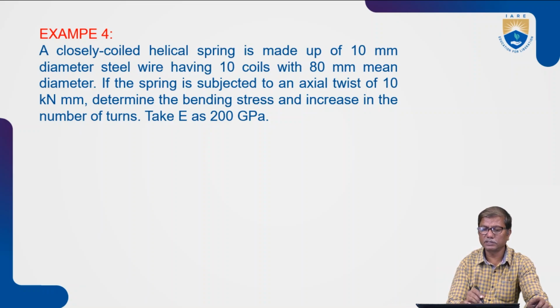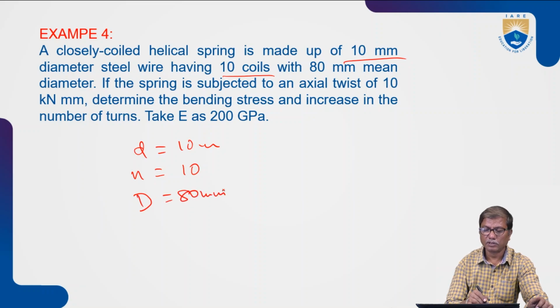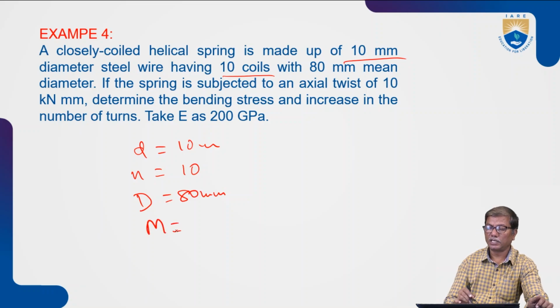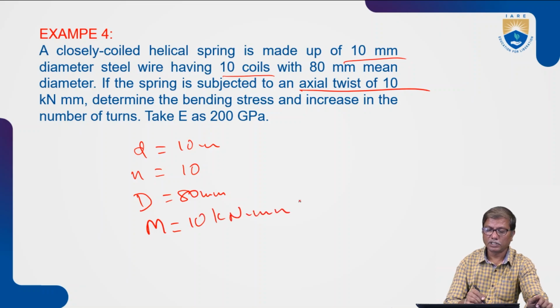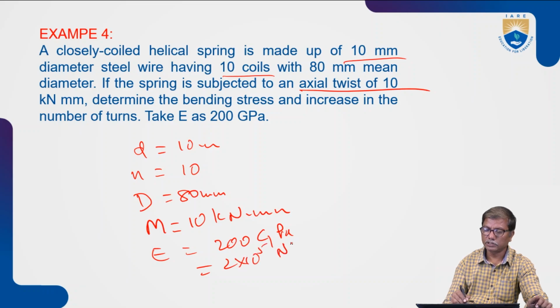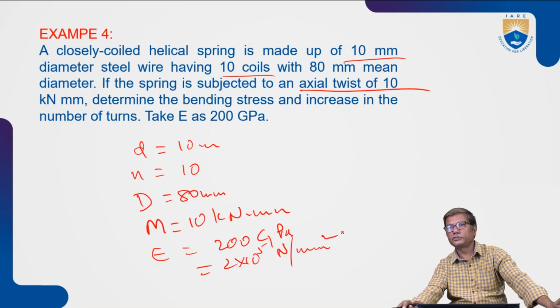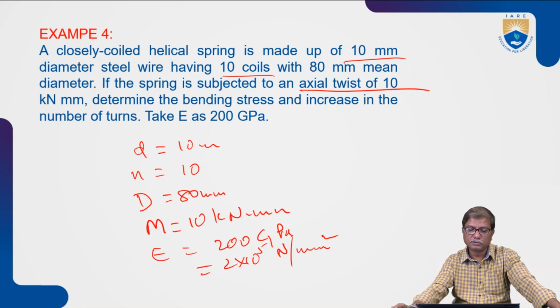So what is the data given here? Diameter of wire is given 10 millimeters, and having 10 coils initially, and mean diameter of coil 80 millimeters, and axial twist 10 kN mm, and Young's modulus is given 200 gigapascals or 2 into 10 power 5 megapascals or Newton per mm square.